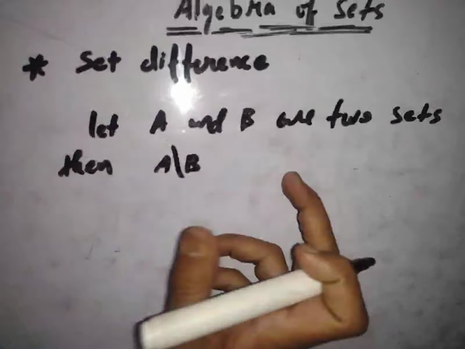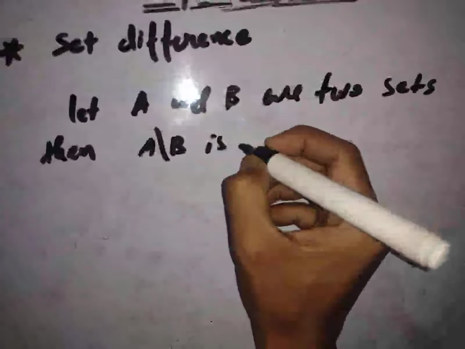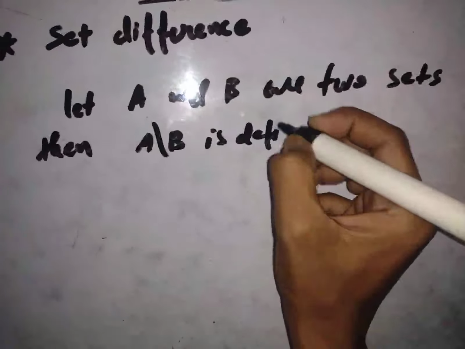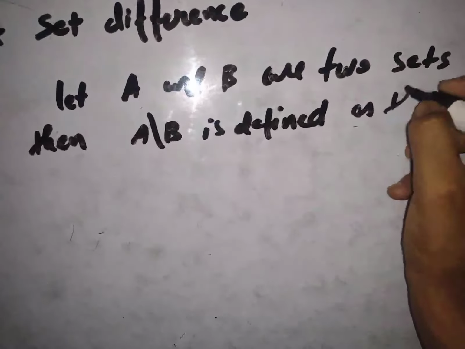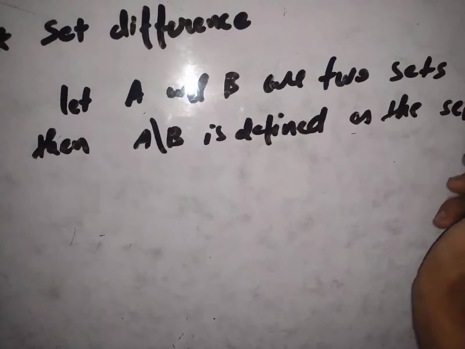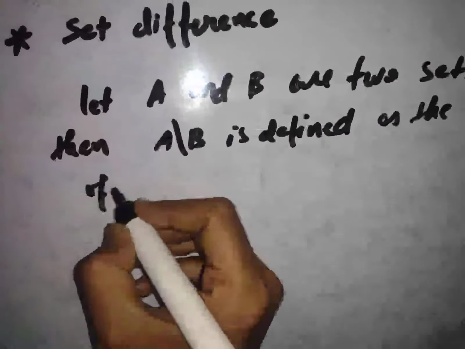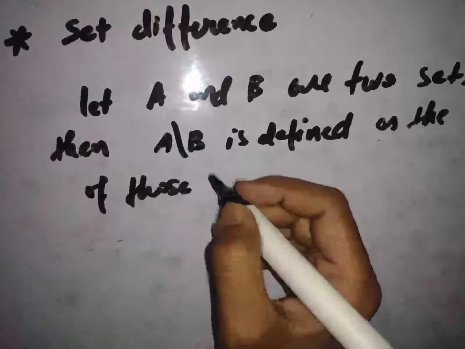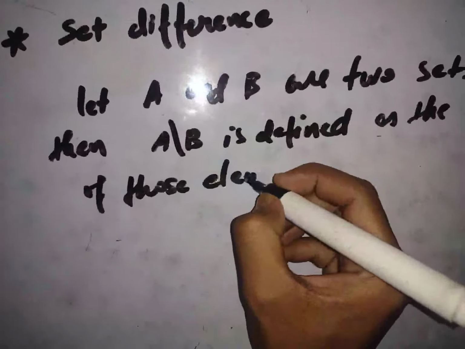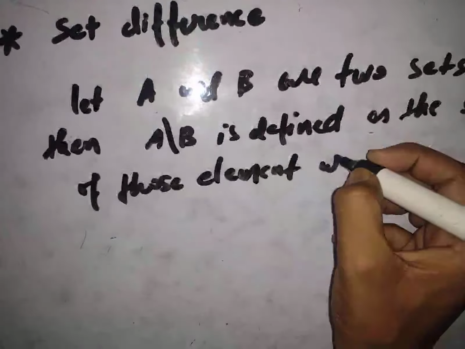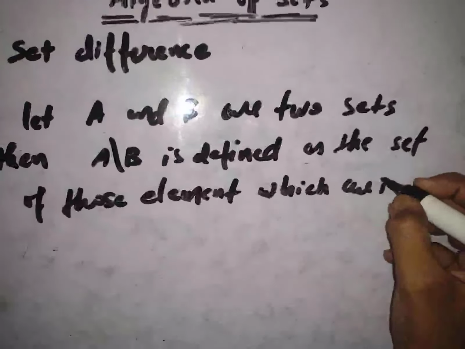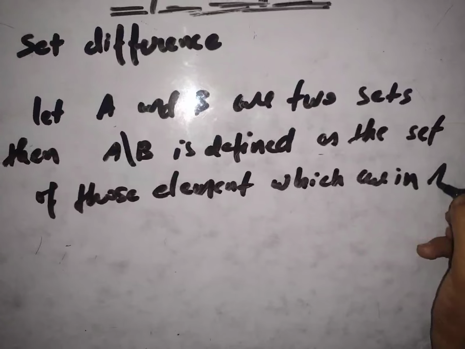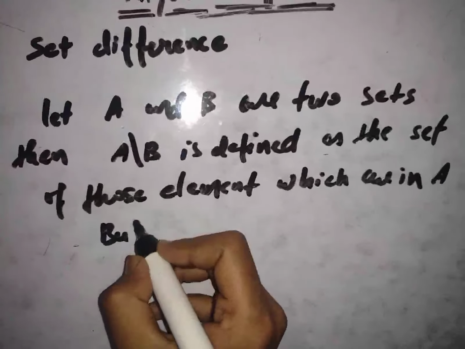A difference B is defined as the set of those elements which are in A but not in B.